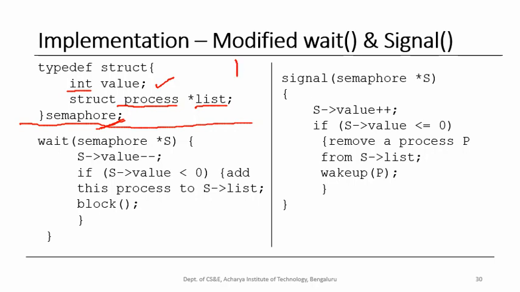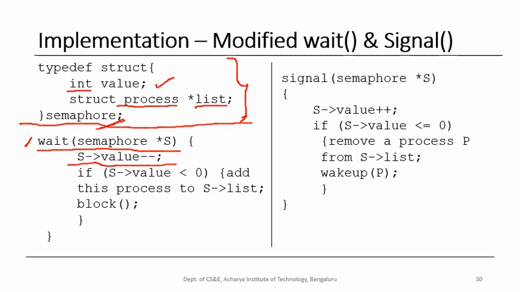Now let's see how to use this modified semaphore. We have to modify the wait and the signal operations. Now the wait operation looks like this. S is a pointer to the semaphore. When we execute wait, it will simply decrement the value of the semaphore by 1 before inspecting the value.